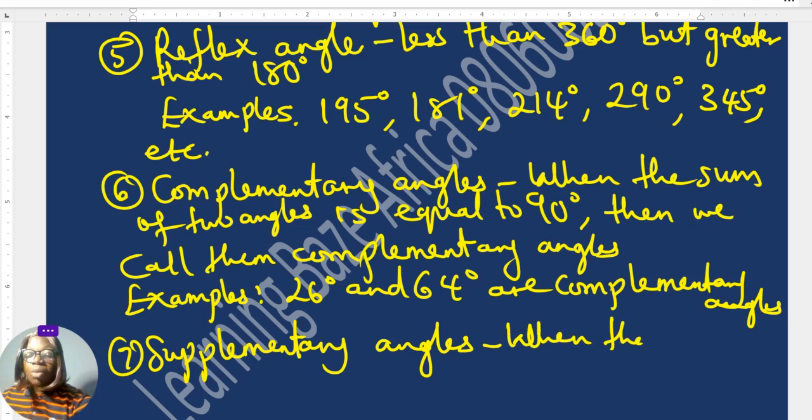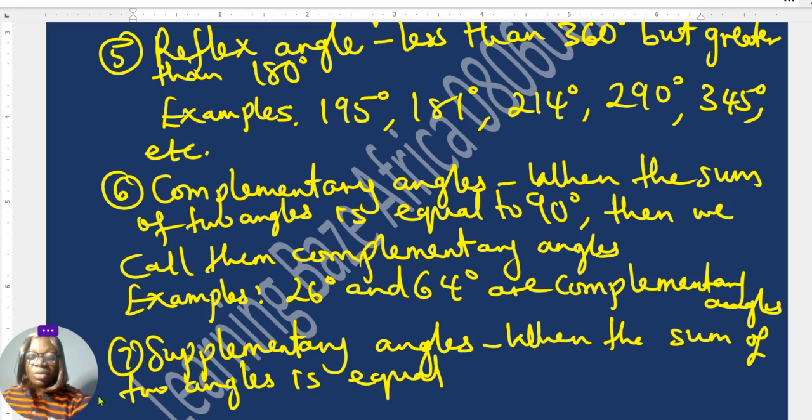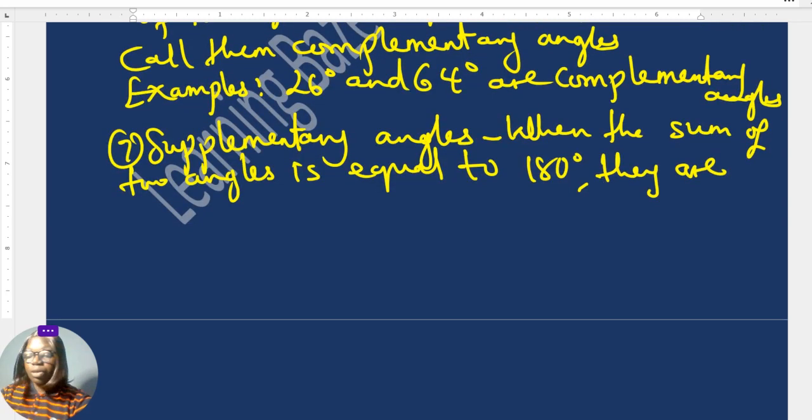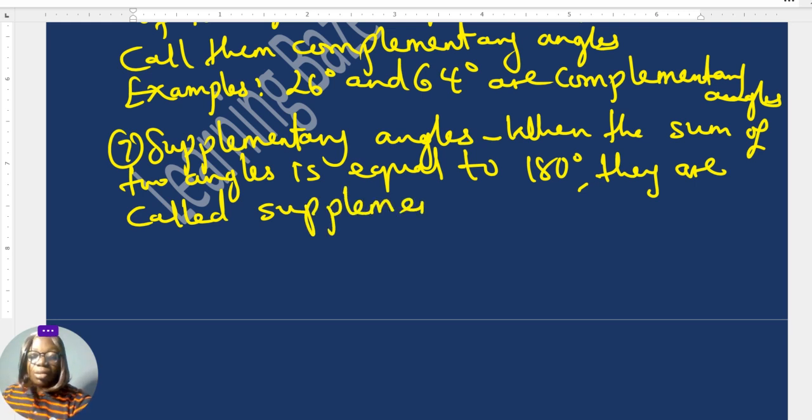So when the sum of two angles is equal to 180 degrees, they are called supplementary angles. I hope it is clear.